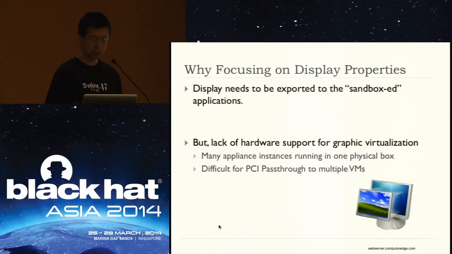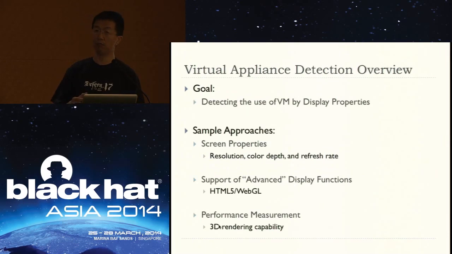So that's why we try to take this approach. And overall, I have now basically changed the goal to trying to detect whether a program is running in a virtual appliance or on a physical host. I'm going to use the display property. Now, what are the display properties you can use?